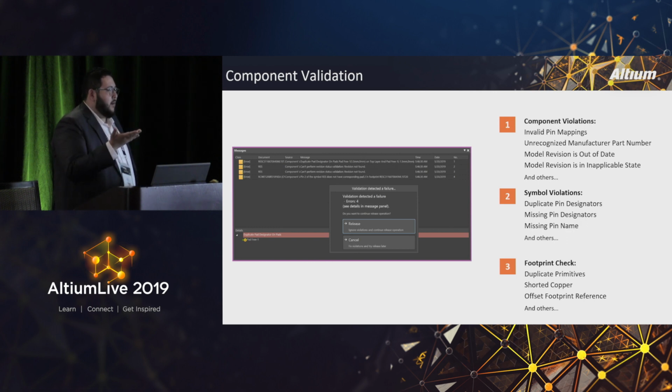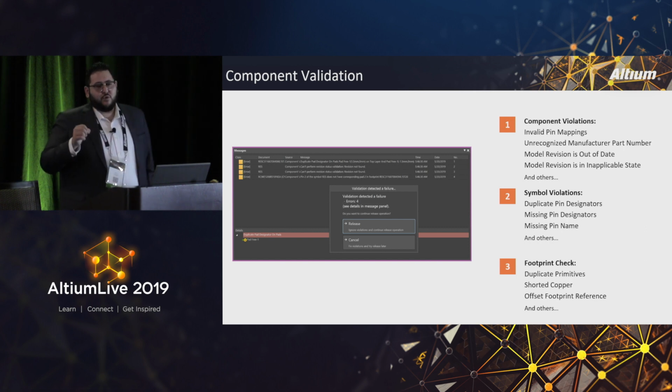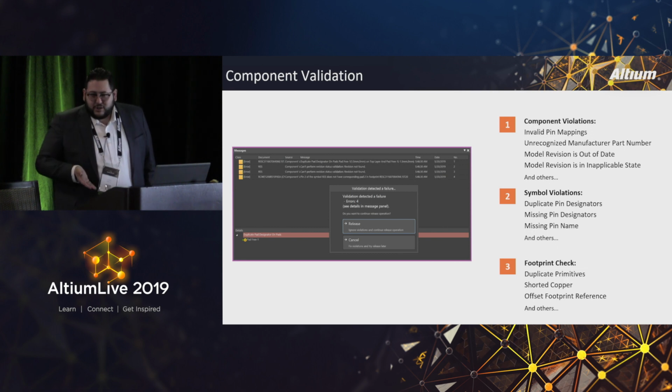As we were talking about issues with the package itself and the component issues, last-minute bomb checks, component validation is really important, right? You have to make sure that the component you are using is up to date, that it is the latest revision.